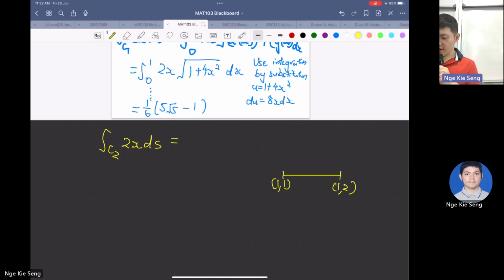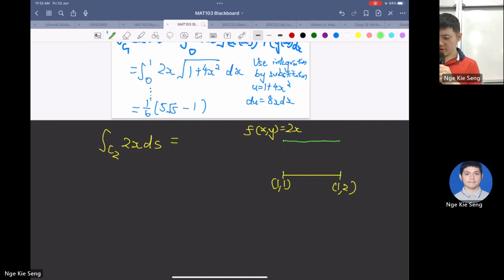Above this vertical line, what's the F? What's the F above this line? Our F is 2x. So what happened to the weight of this line? It's just 2. It's a constant 2 function here.